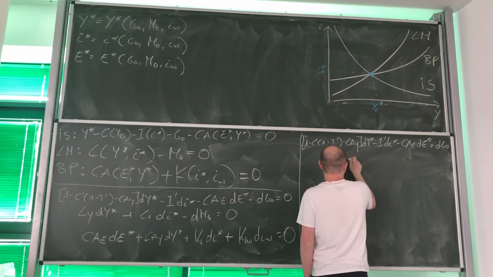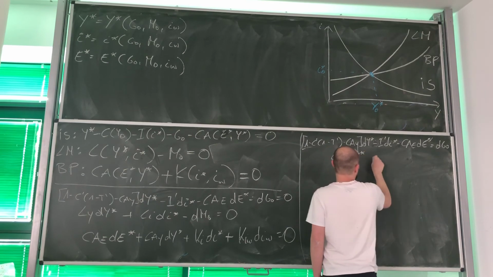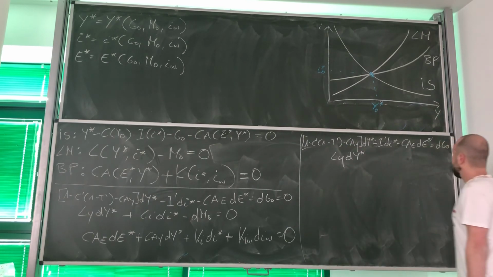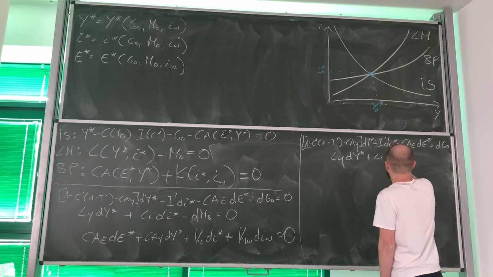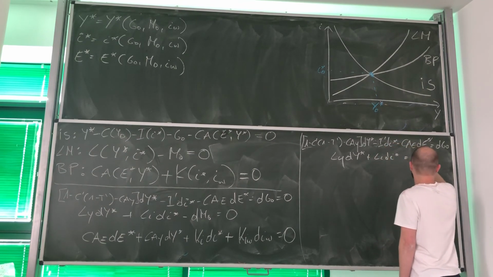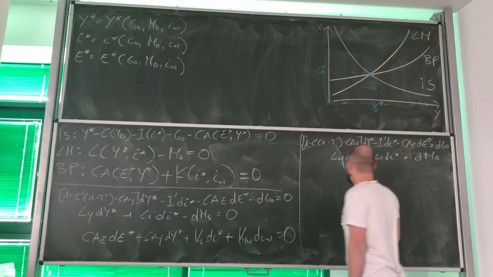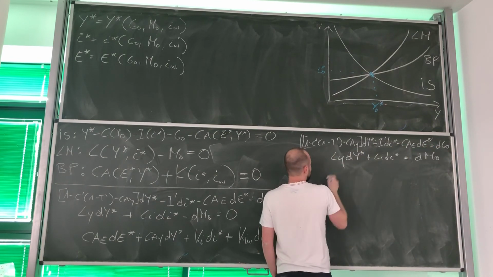Over here we will have Ly dy plus Li dI equals dm0. And finally, let's do it in the proper order.